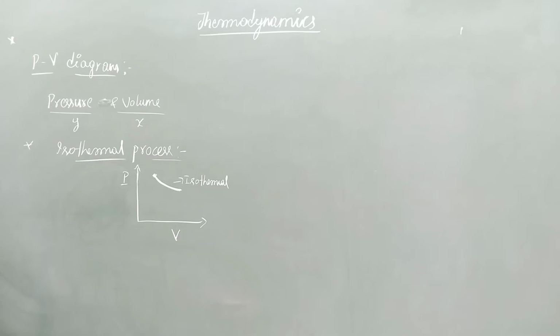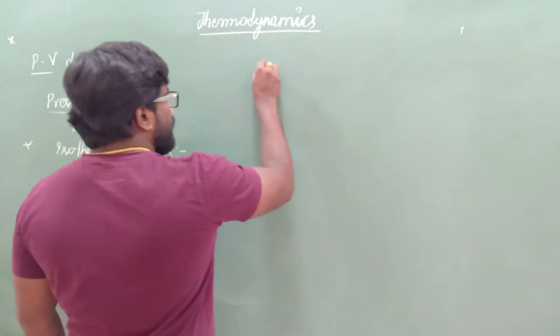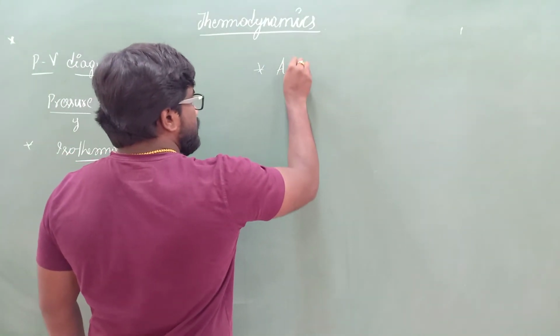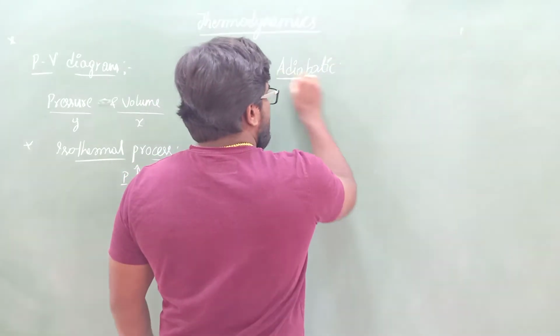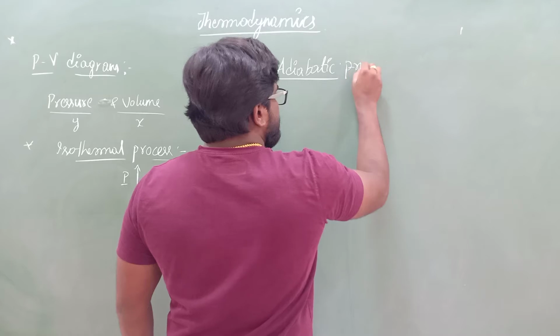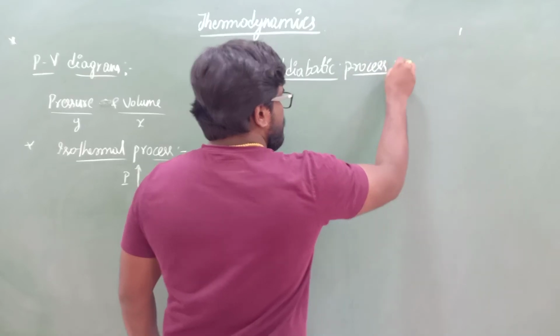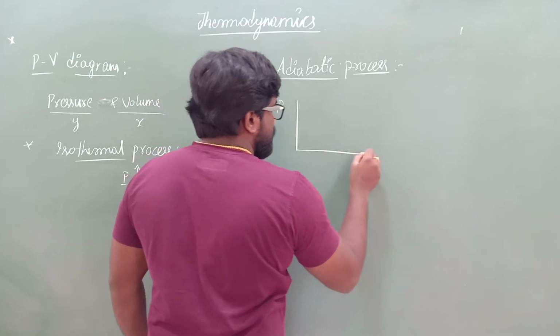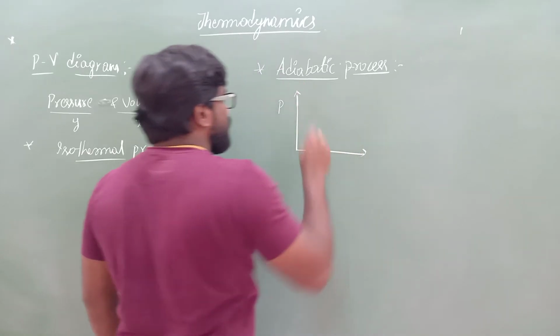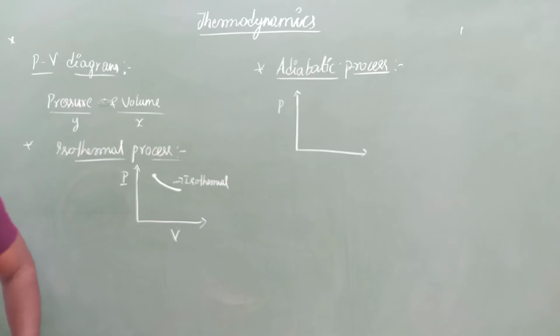Similarly, in the second one, if you take adiabatic and plot a PV diagram, what is adiabatic process? In that, pressure, volume and temperature, all three will vary.